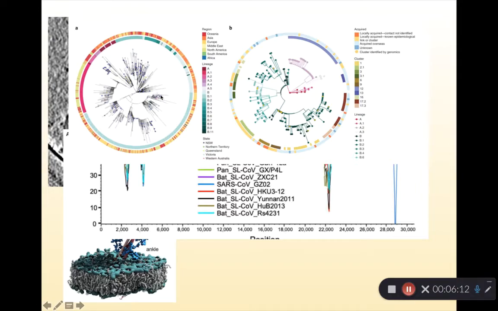Each one of these is a genetically unique coronavirus, and from there we're able to build a picture of where this virus started and how it moved.